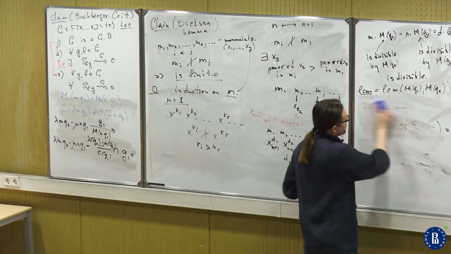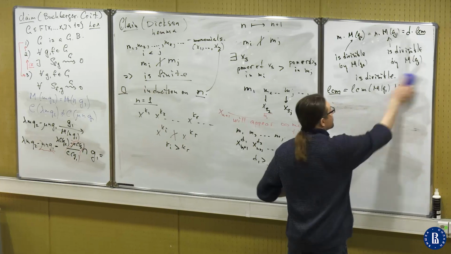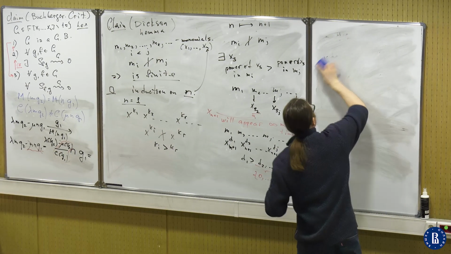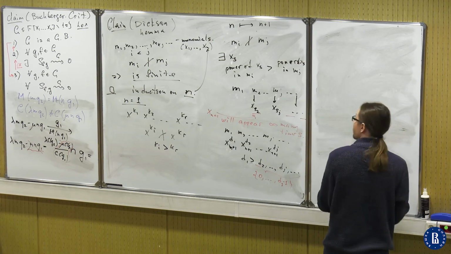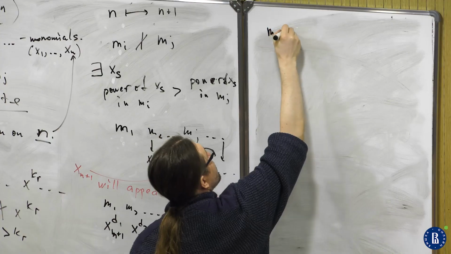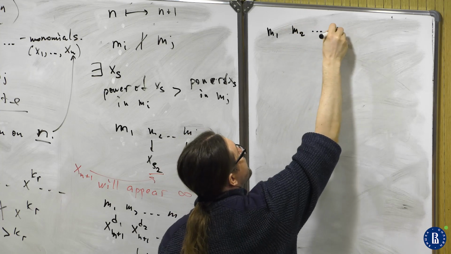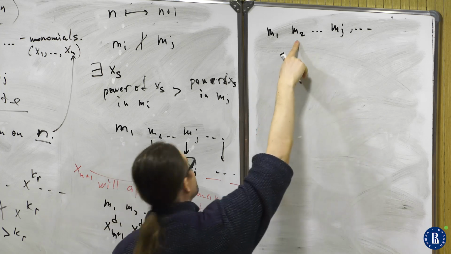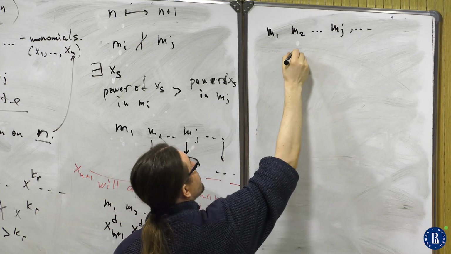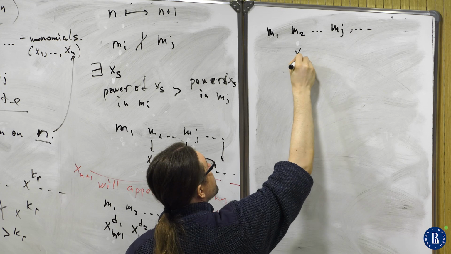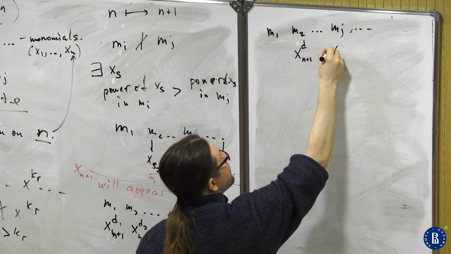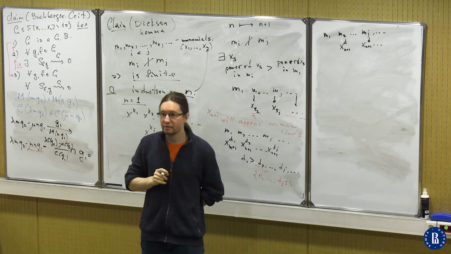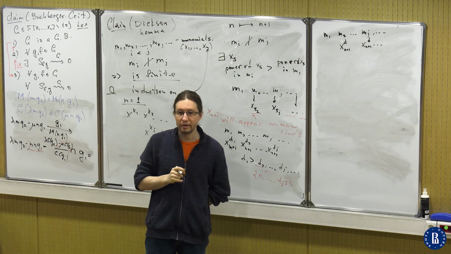When we drop all the other terms of this sequence, we may assume that now we have this sequence of monomials such that starting from m2, we have the same degree for the variable x_{n+1}.